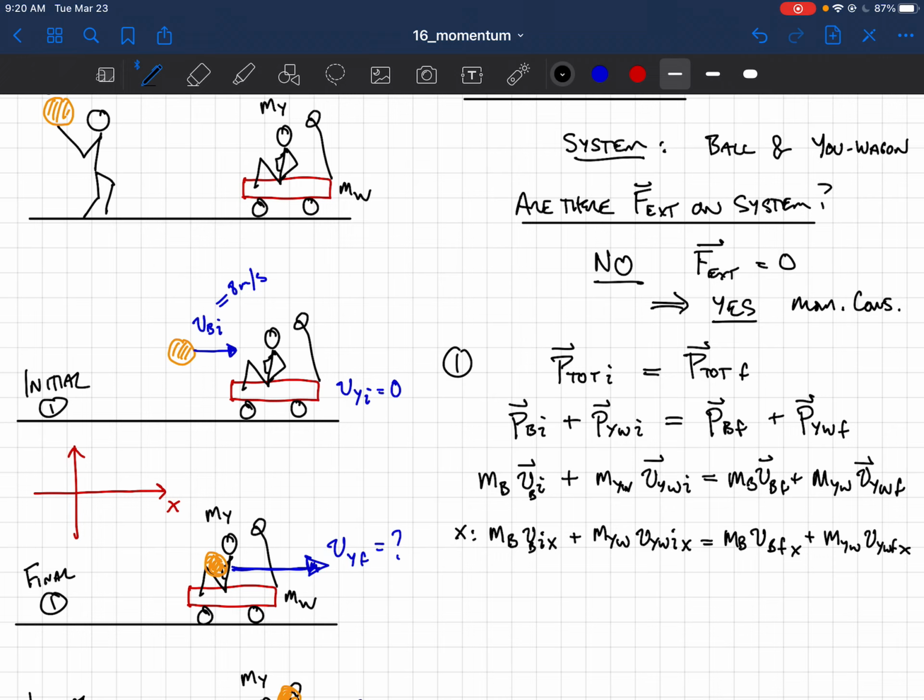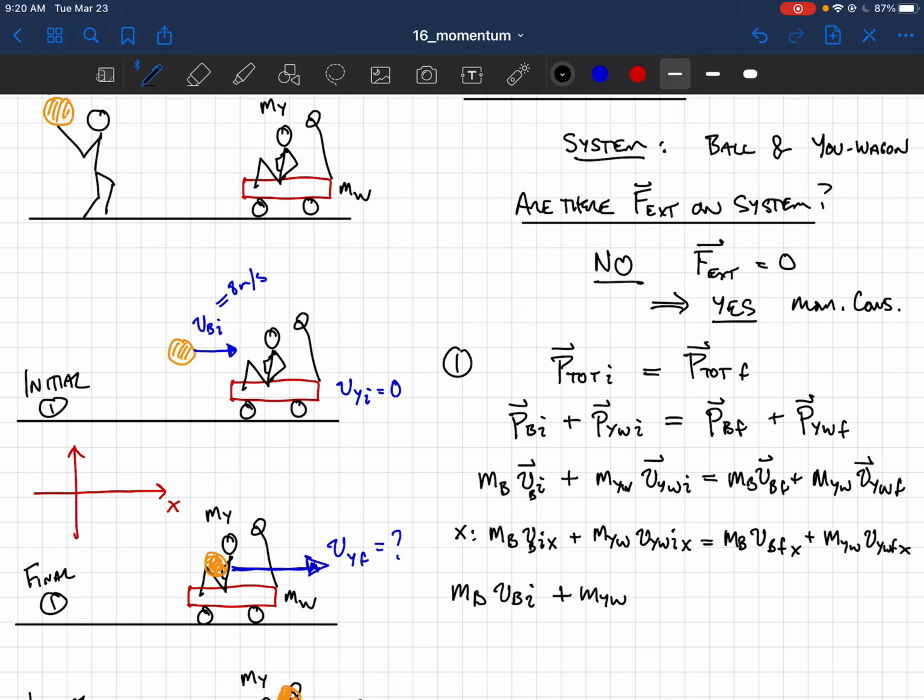Well, m ball, v ball initial x, that's this vector on this coordinate system. Well, it's positive. So I write it as m ball times v ball initial, the magnitude of the ball. Then m u wagon times v u wagon initial x. Well, what is the initial velocity of u?